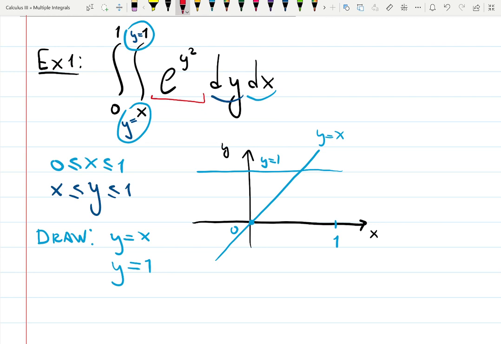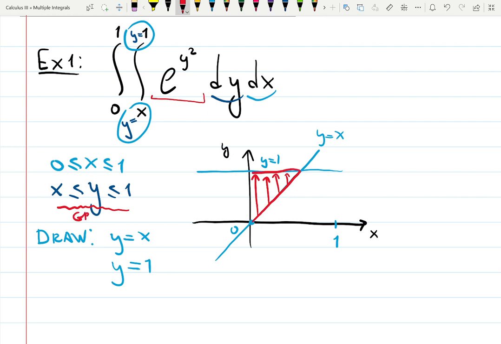How to understand that y is changing from x to 1. That means the line is changing from the bottom up. It's growing up and it stops growing at 1.